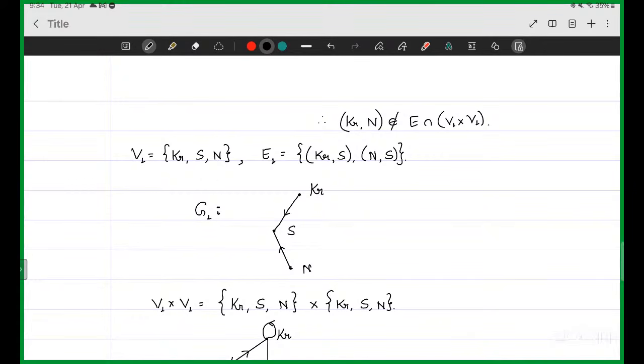Can we always use the equation, if you want to find the minimum vertex cover or the maximum independent set? We always use this formula: number of vertices is equal to minimum vertex cover plus maximum independent set.